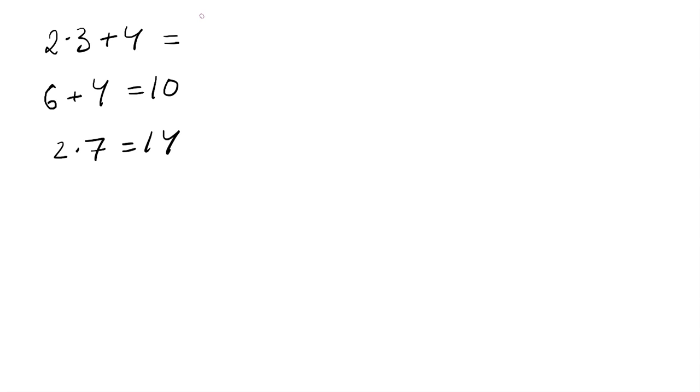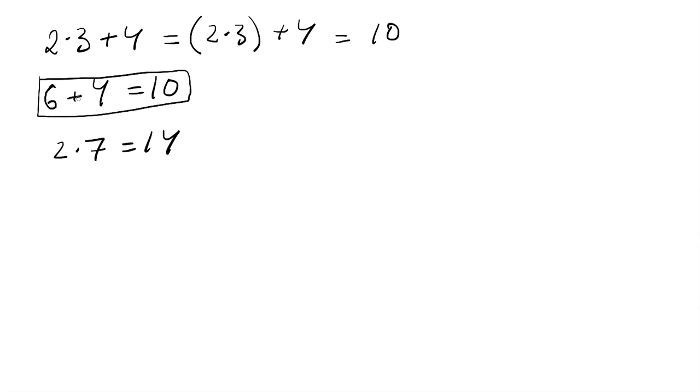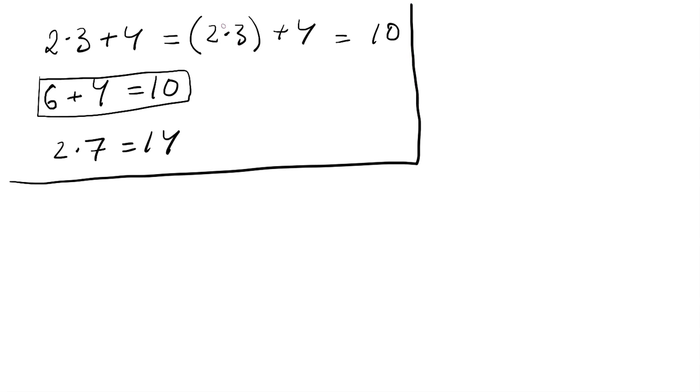So this means, in actuality, this, and not the other one. So in this case, it will be 10, the first alternative. So that's priority rules for parentheses. And parentheses means, in general, that you should do the operations in parentheses before you do things outside the parentheses.